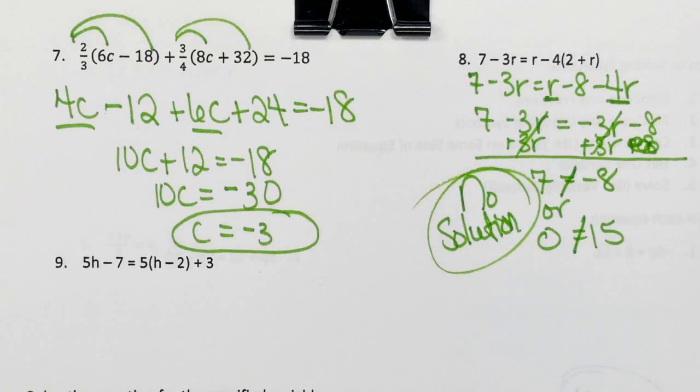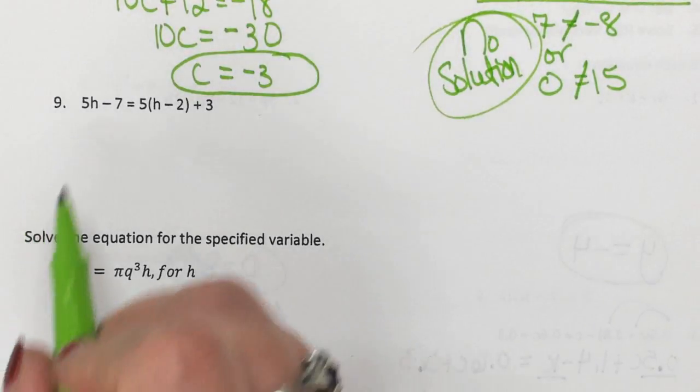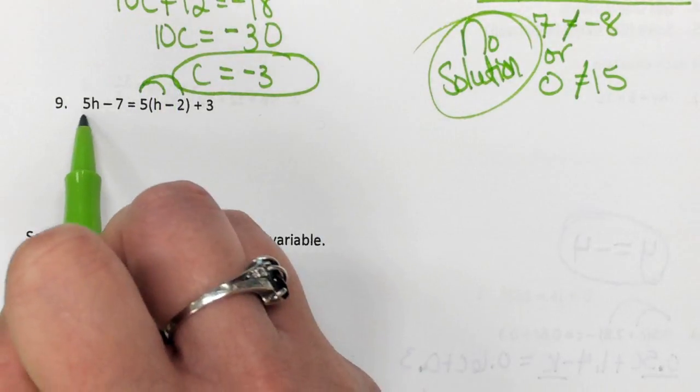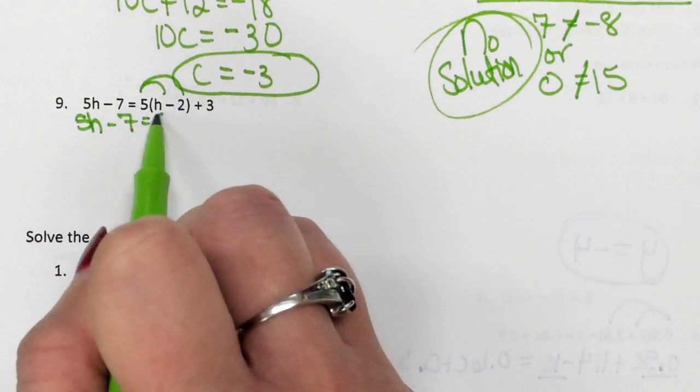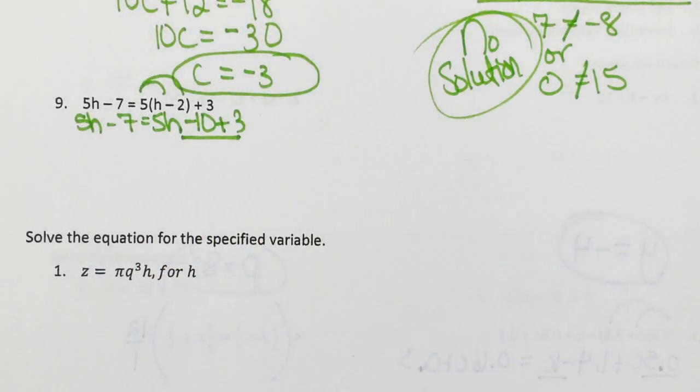Are y'all okay? What's wrong, Tyler? Nothing? Okay. All right, what about number 9? Y'all okay on number 9? Distribute, then we can combine those, right?